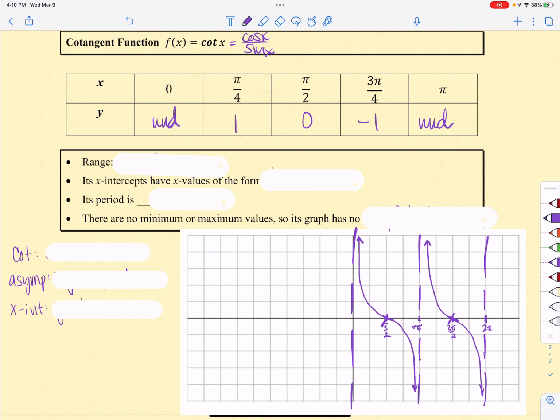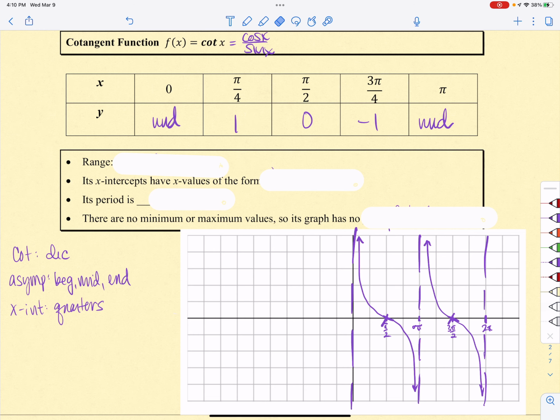All right, so you'll notice that my asymptotes are at the beginning, the middle, and the ending. You'll notice that the x-intercepts are at the quarters. And you'll also notice that this is a decreasing function.